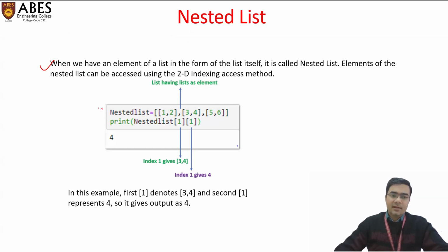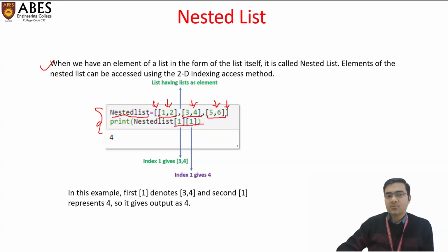In this example, in this nested list, this is the first bracket, so this is the first list, and within it this is the first element, this is the second element, this is the third element. Fortunately, the first element is also a list, the second element is also a list, and the third element is also a list. When we are going to print this, we can use this 2D method.